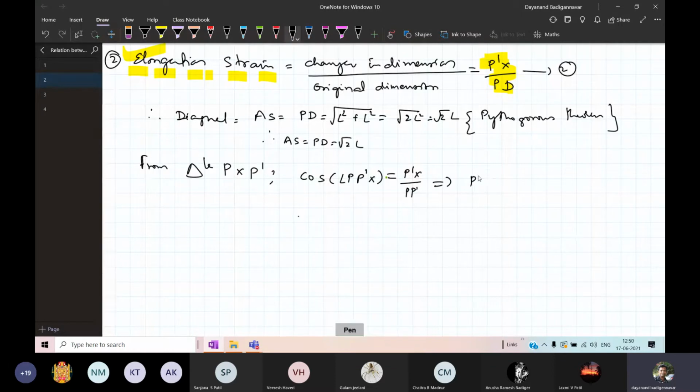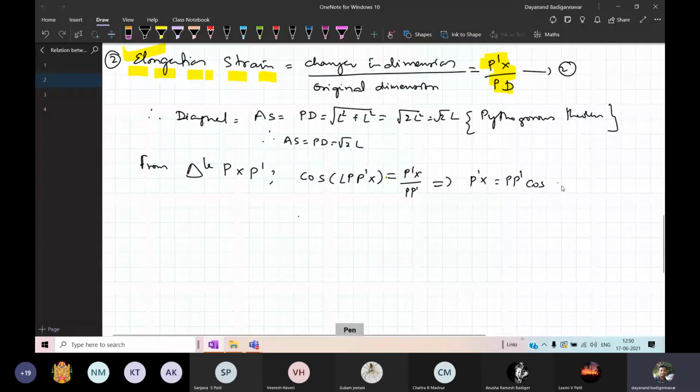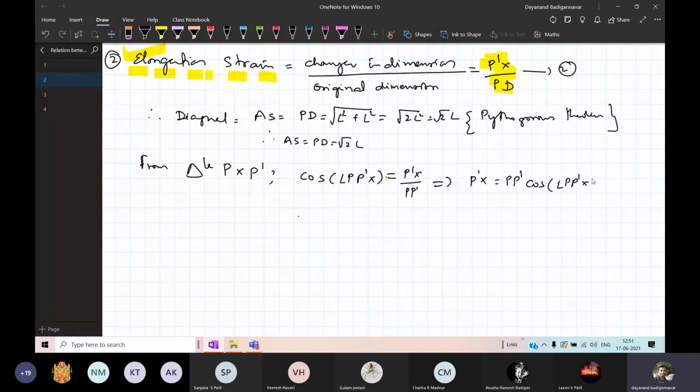Rearranging this, I can write P'X is equal to P' into cos of angle P'X. So this is the angle you have, and this is the value of cos.